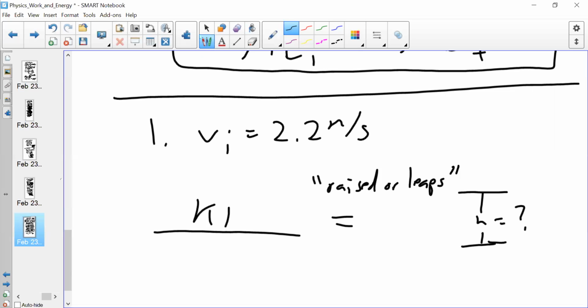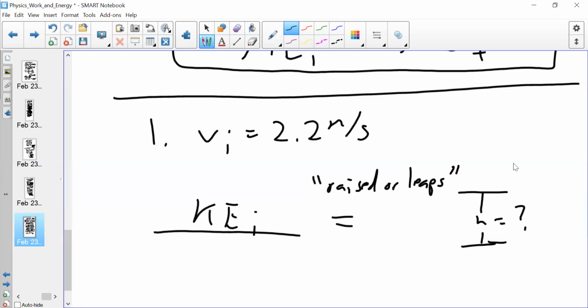So running first, so he's on the ground, so the energy in the beginning will be kinetic energy, then he leaps over the hurdle, and so at the end, he's still going to be moving over the hurdle, and he also has a height in the air.